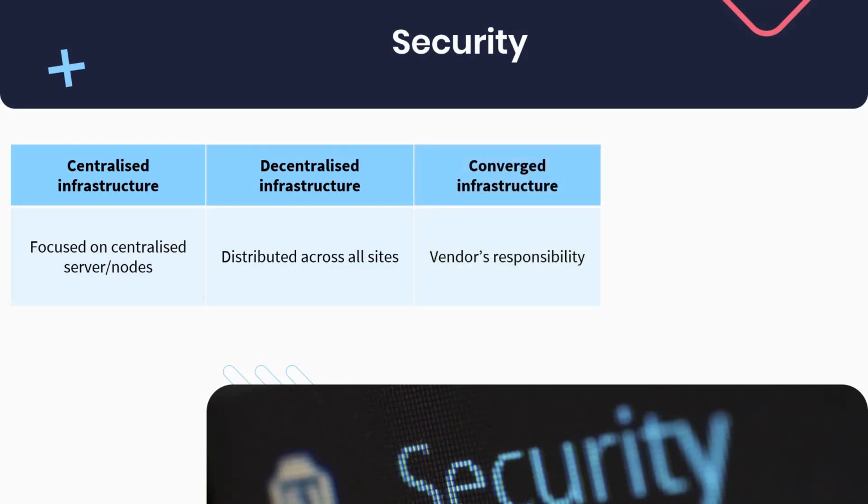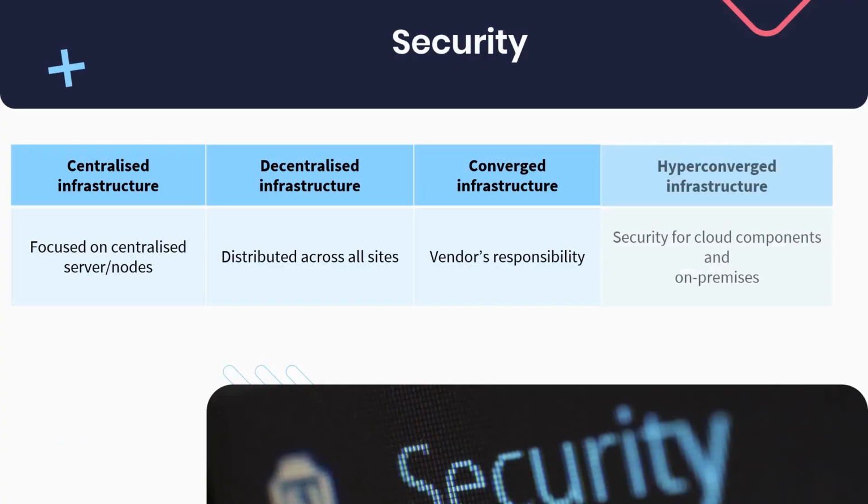Converged infrastructures implement the use of vendor security, since the converged infrastructure system is pre-configured and pre-tested by the vendor. The vendor is responsible for securing the purchased infrastructure. With a hyperconverged infrastructure, security is adopted both in the cloud components and on-premises hardware and software within the infrastructure.